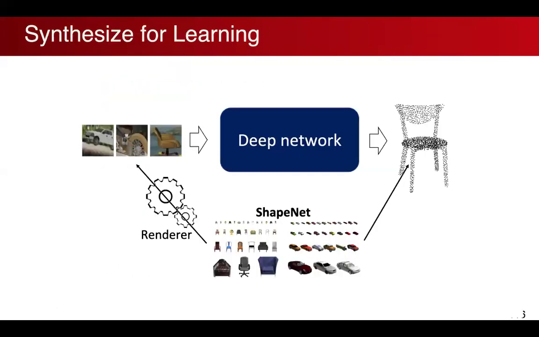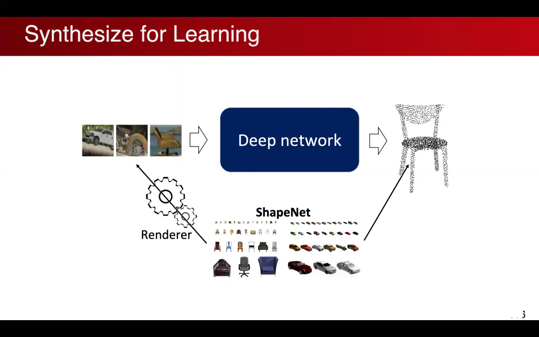And how is that done? It's a common theme that we are going to see here in the course. We have already seen part of it, but it's the theme of synthesize for learning. Basically, we use differentiable rendering to learn a shape in a sort of self-supervised manner, right?